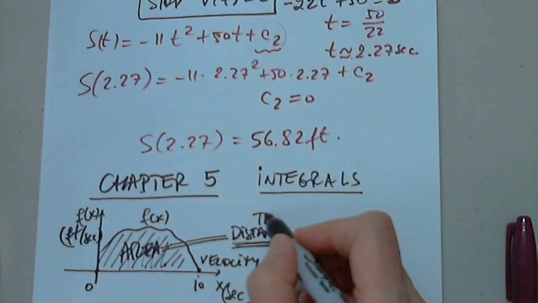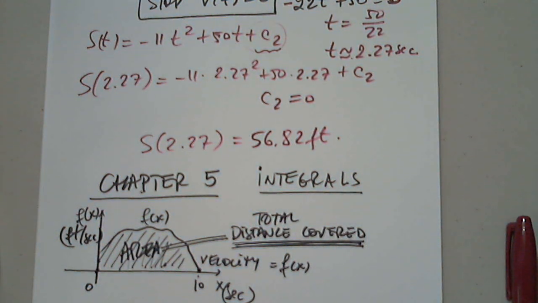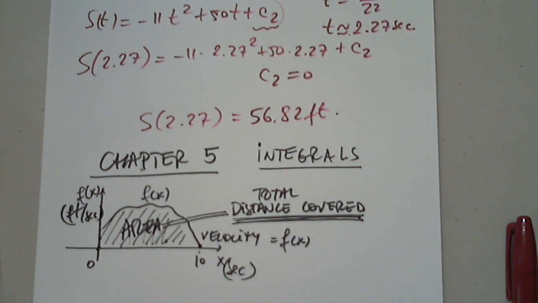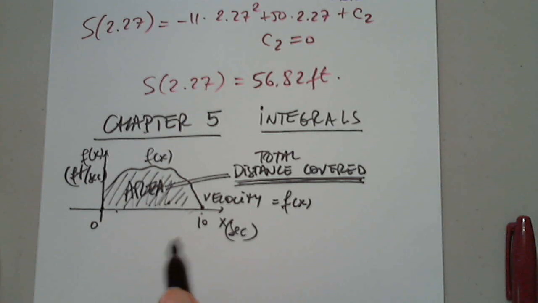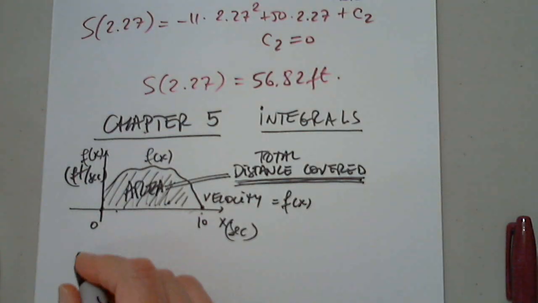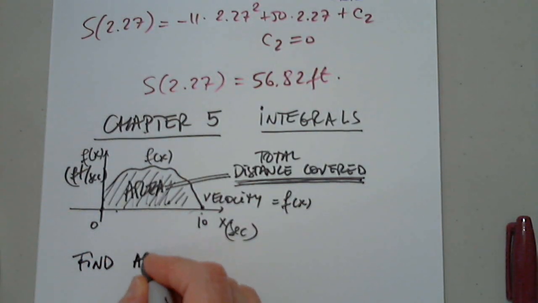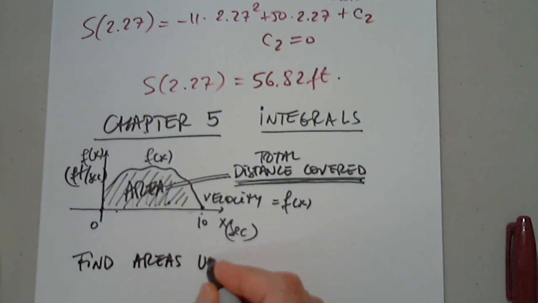So this is, if you want, the total distance covered. But the question is now, how do I find these areas? So this is our question for the next hour. Find areas under the graphs.